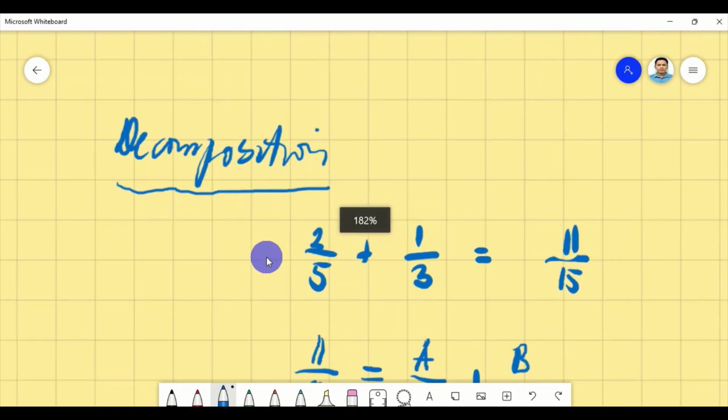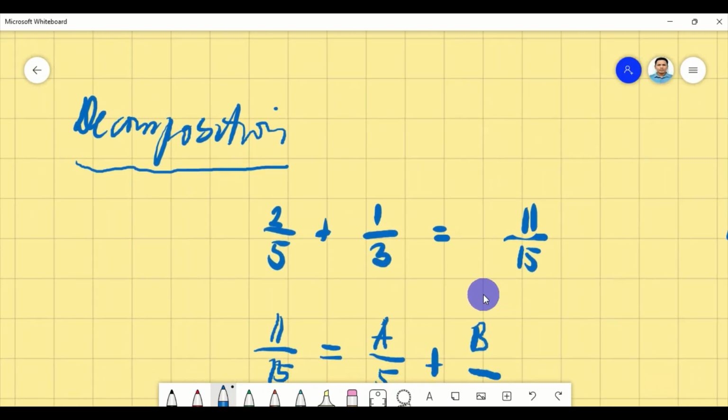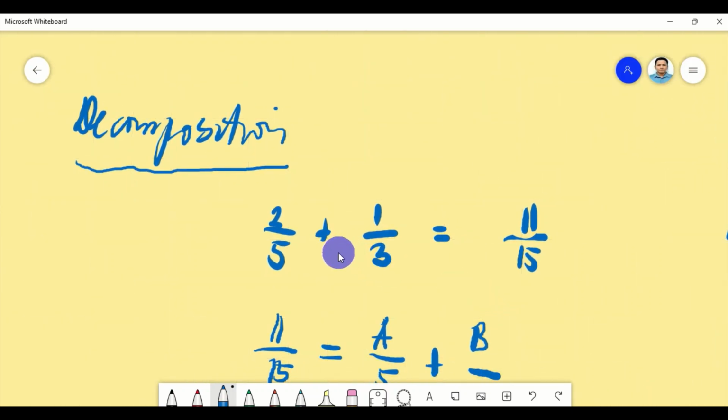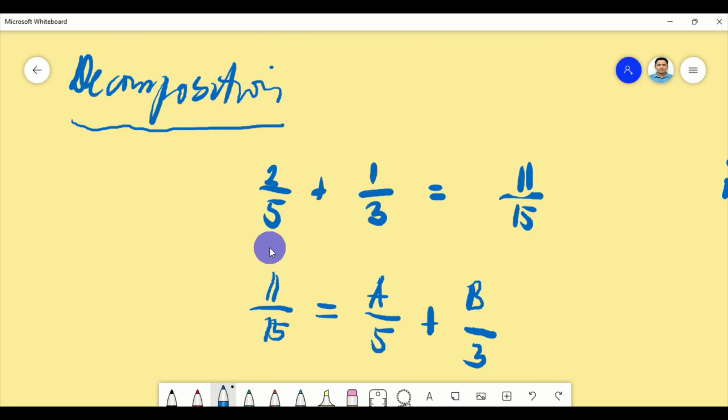Here we have two dissimilar fractions, and if we add these two dissimilar fractions, we will definitely get the LCD. So 2 over 5 plus 1 over 3 is equal to 11 over 15. Now, decomposition in mathematics is actually the reverse of the process that I mentioned earlier.